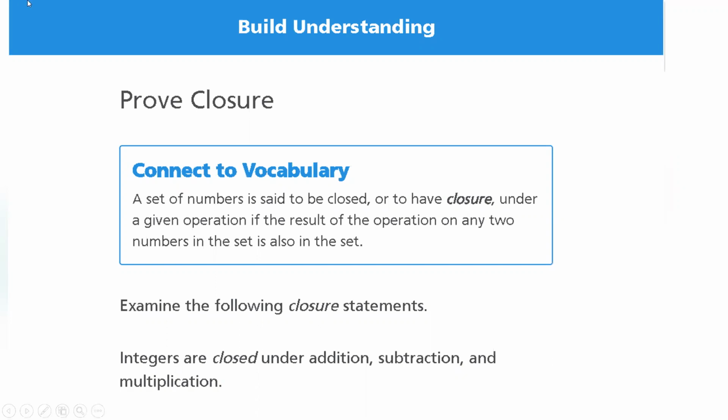Now, as we said before, we have a set of integers, a set of rational numbers, a set of whole numbers, a set of natural numbers, and a set of irrational numbers. Let's talk about the circle of the integer numbers.